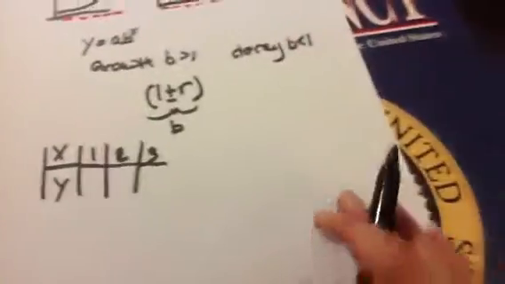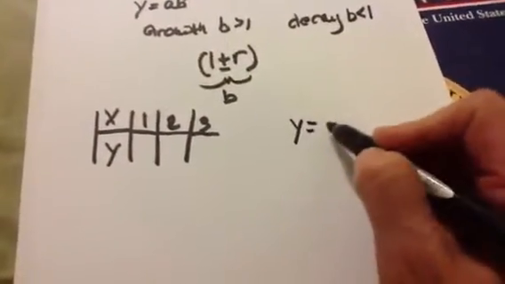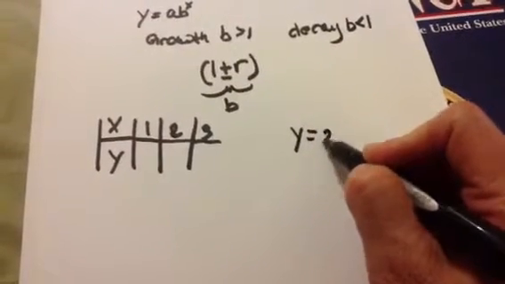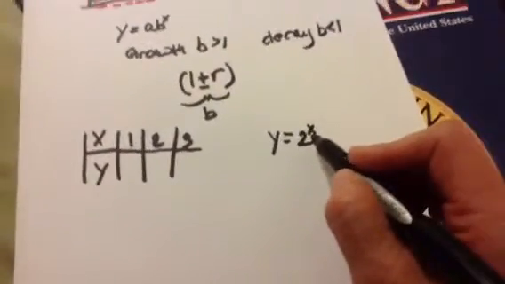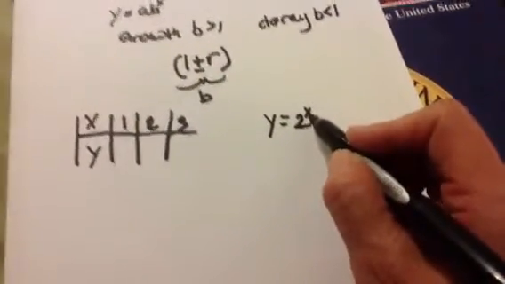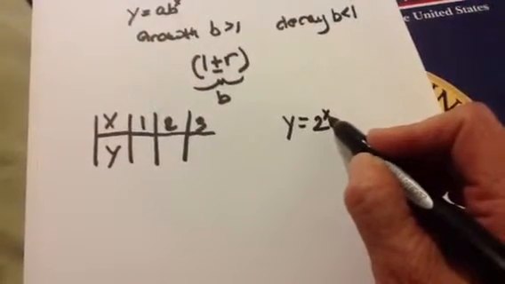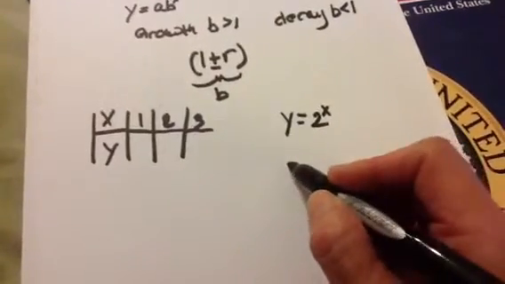Let's do something very simple and say we've got y equals 2 to the x power. And this was in your notes. This x, we can use whatever we want. We can use a positive number, we can use a negative number. If we used a negative number, you get a value that's smaller than 2.